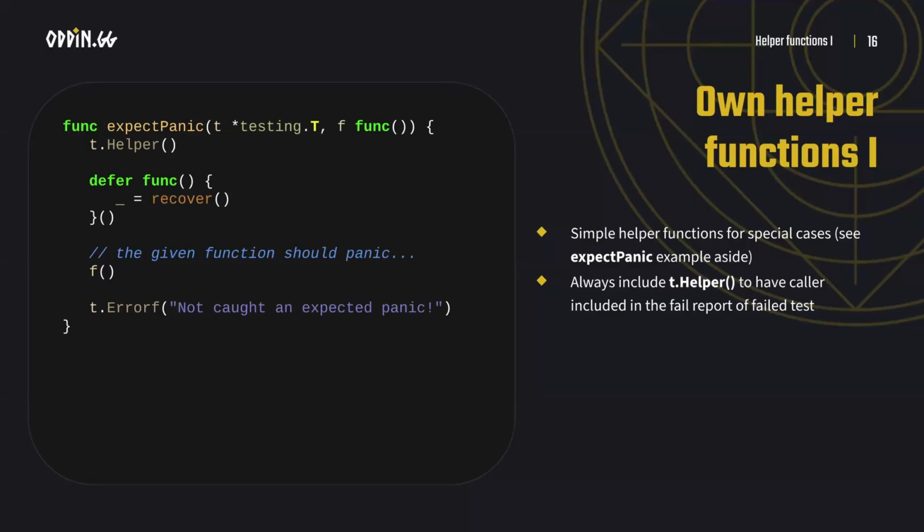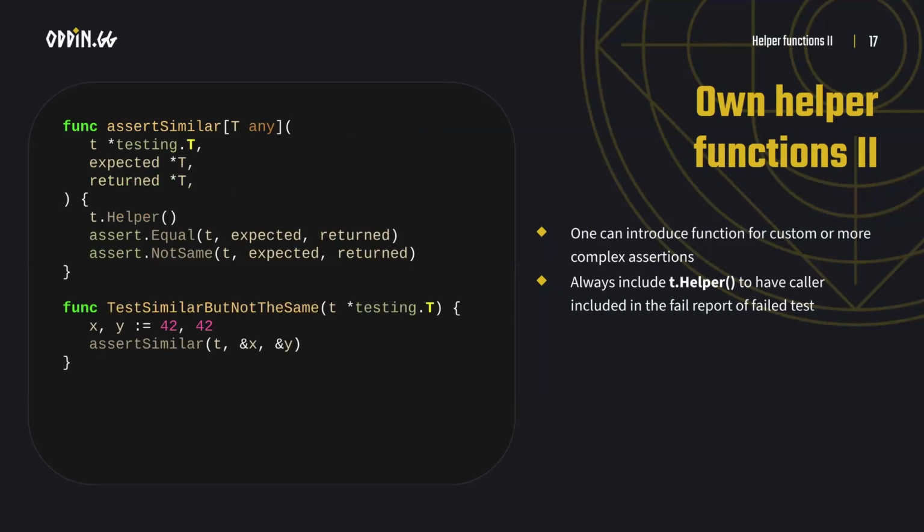You could write yourself some helper functions. If you do so, you could write whatever you want. Just, if you call anything, so as not to break the stack trace of the failed test, always call t.Helper. This is the most important thing if you call anything from your tests, and you might put any assertion there.